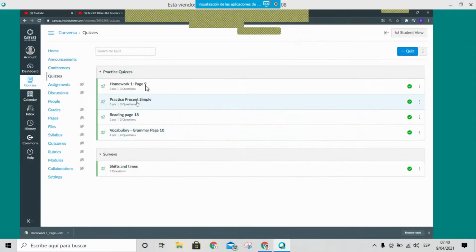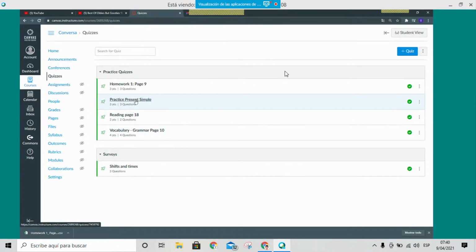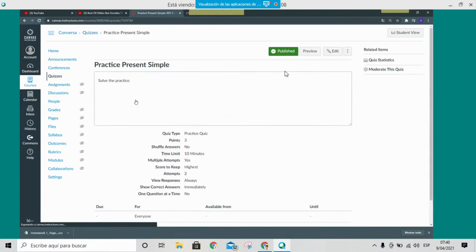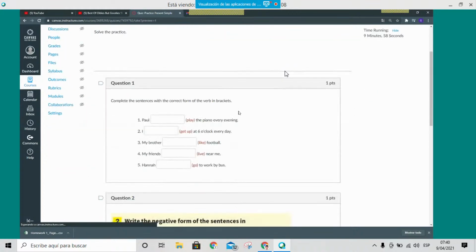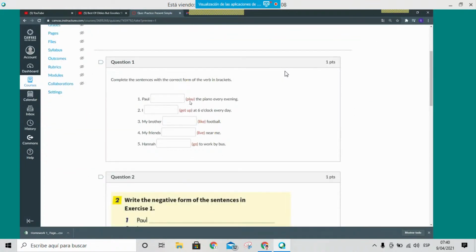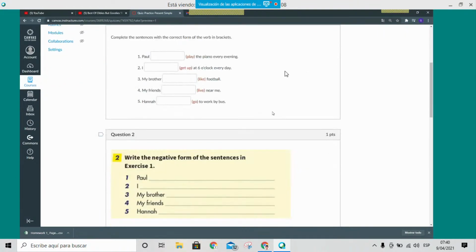Here you have practice of simple present. So you enter here, and what you have to do is, the first question is use this verb to complete the sentences using the correct form, for he, she, it, or for other subjects.